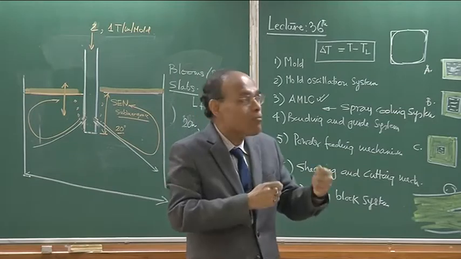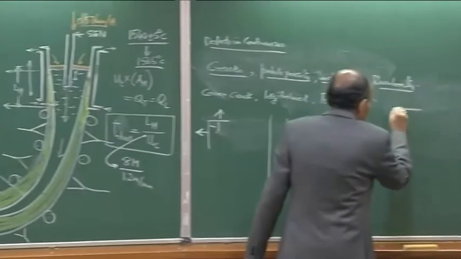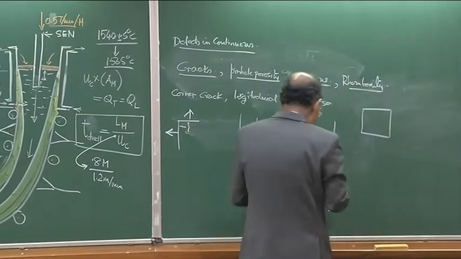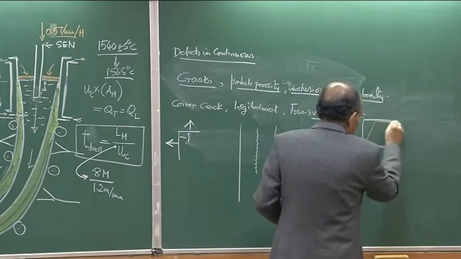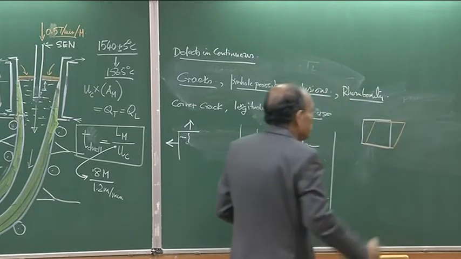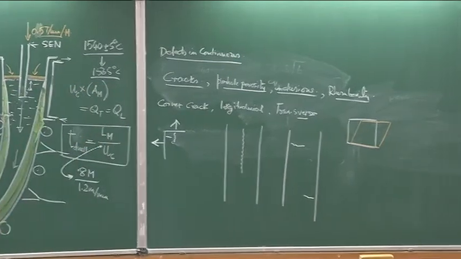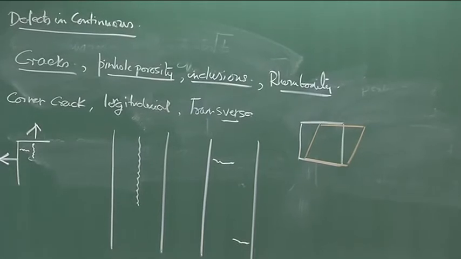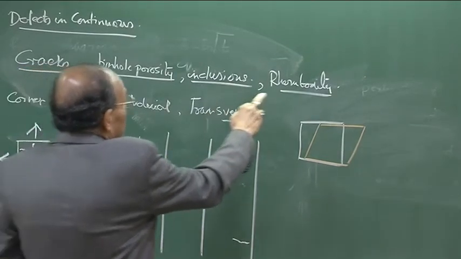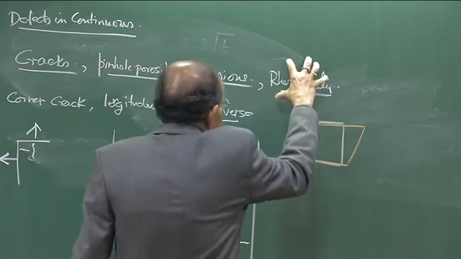Therefore the mould is going to deform. You have used maybe a square cross section mould, but at the end of the day this mould may become something like this. One such possibility is there. It can have a rhombus kind of a shape also. So, the distortion of the mould, rhomboidity, is one class of defects.